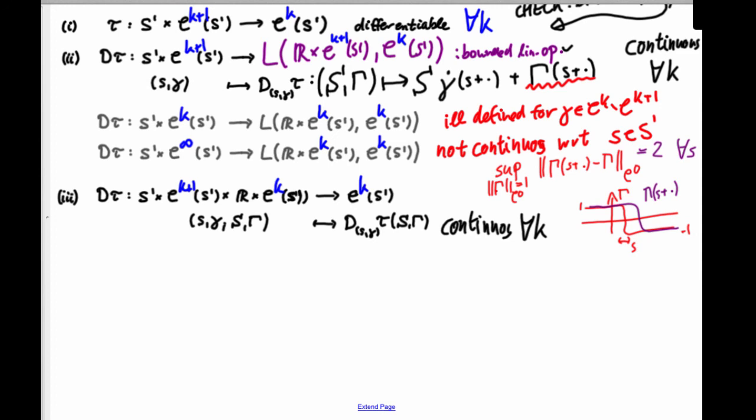And in fact I can write this d tau in terms of taus again. So this is s times the shift of gamma dot with respect to s, and then the shift applied to capital gamma.